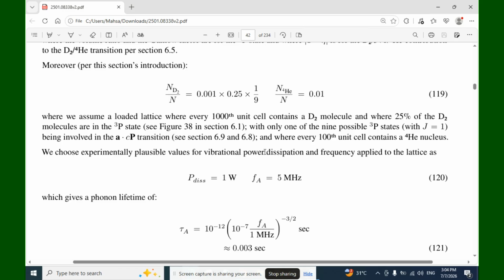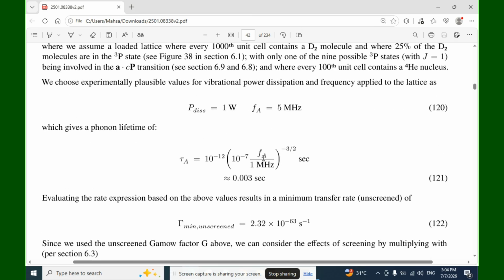See figure 38 in section 6.1, with only one of the 9 possible Petri states with J equal to 1 being involved in the R multiplied by CP transition. See sections 6.9 and 6.8, and where every 100 unit cells contain a helium-4 nucleus.